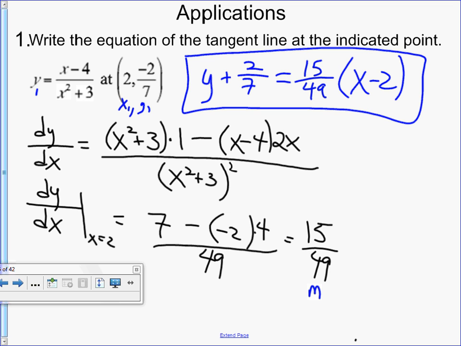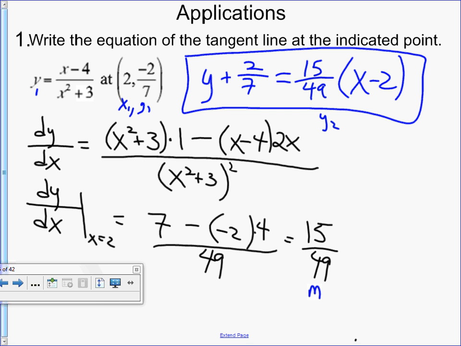But if you put this tangent line in y2 and the function in y1 and graph it, you will see the tangent line. And just for your own self-gratification, so you believe you got the right one, you can graph it. And you'll see it. It's amazing.